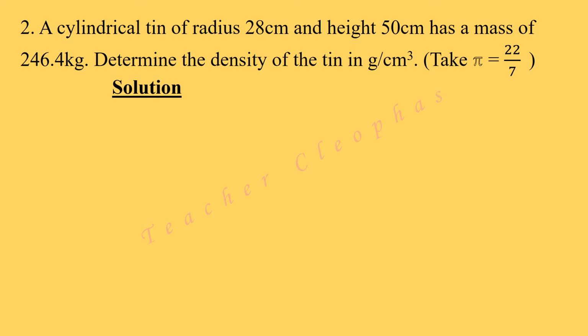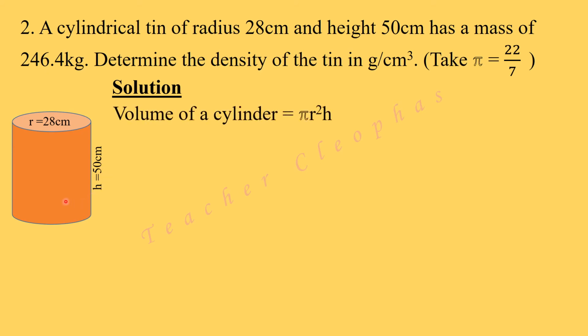Solution. First of all, we can sketch the cylindrical tin this way and label the radius, which is 28 centimeters, and the height, 50 centimeters.